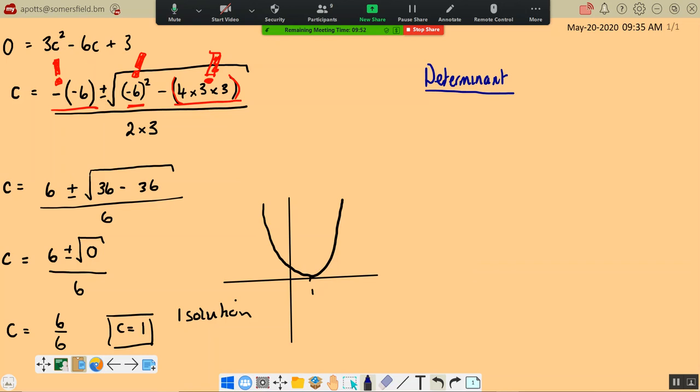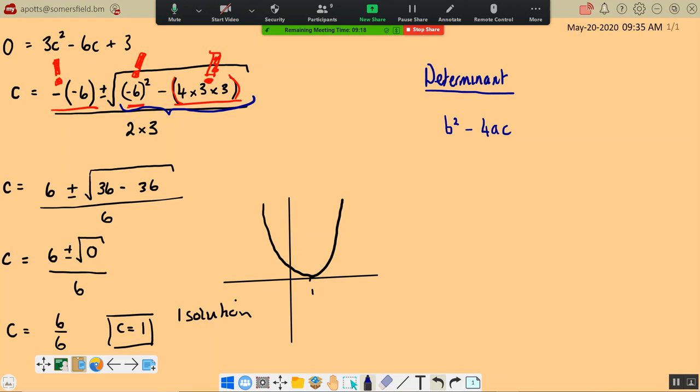So if I tell you that the determinant is b squared minus 4ac, would you have any reasons why that part, this bit here, would be called the determinant? Why would it be so important? Yeah, it does.